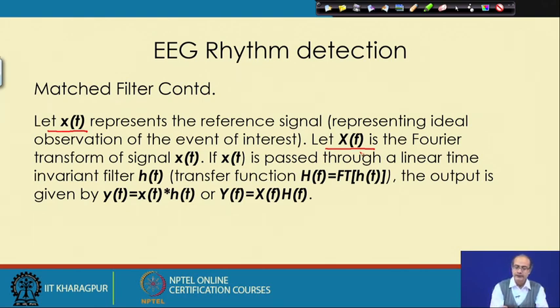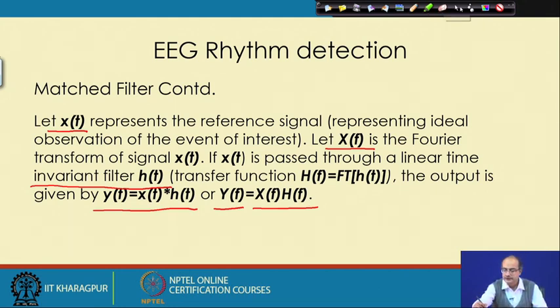Now, if we pass this signal x(t) through a linear time invariant filter h(t), the output would be the convolution of x(t) and h(t), and we write that as y(t). In the frequency domain, the output Y(f) would be the product of X(f) and H(f).